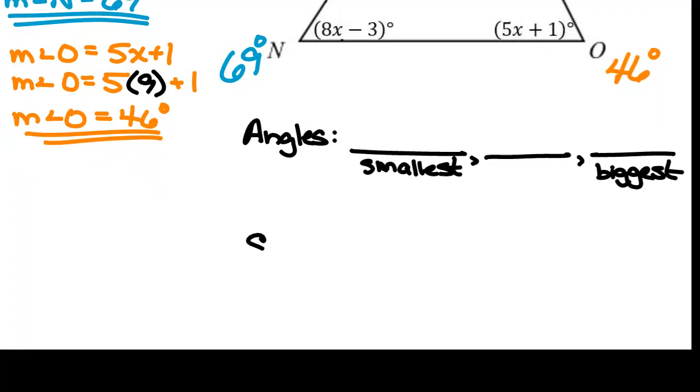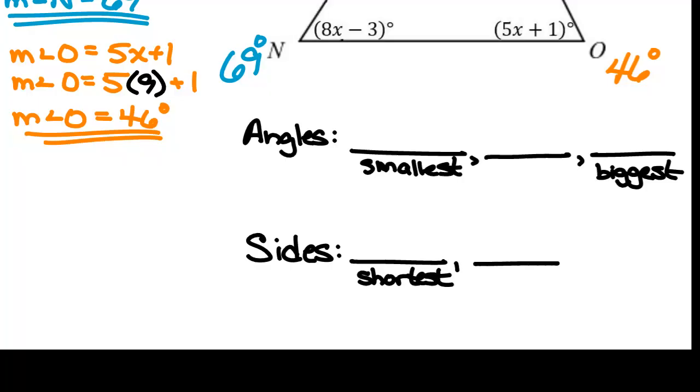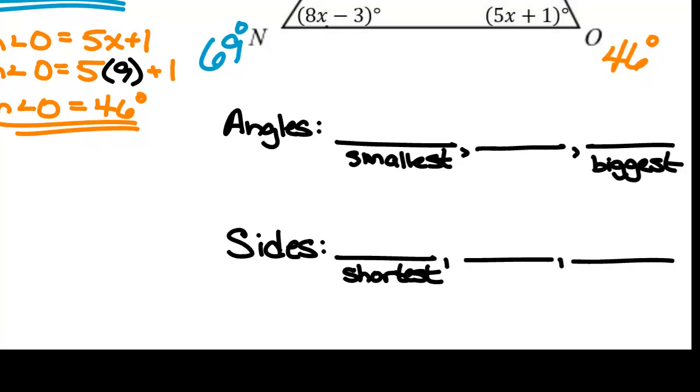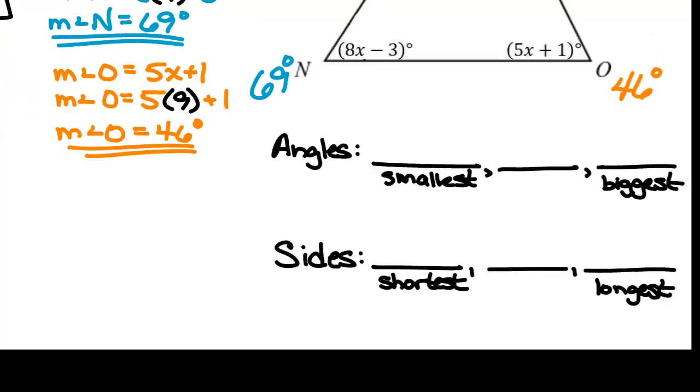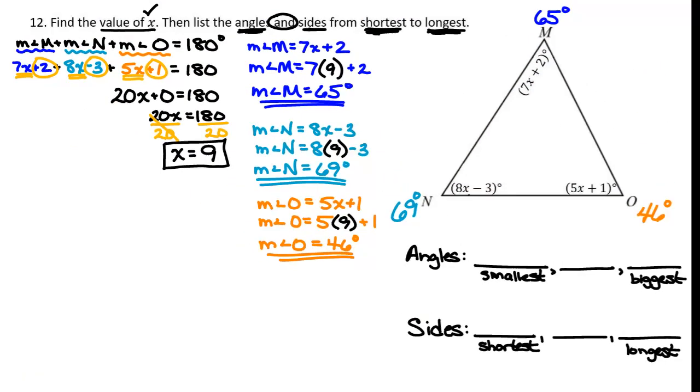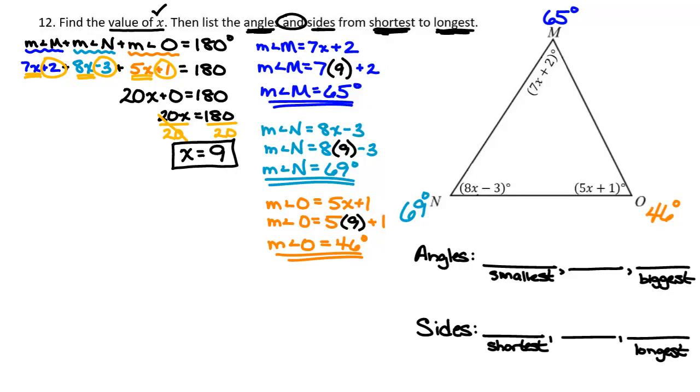And then we'll do our list for our sides. Shortest, middle, and longest. All right, so let's start with angles. What is my smallest angle?